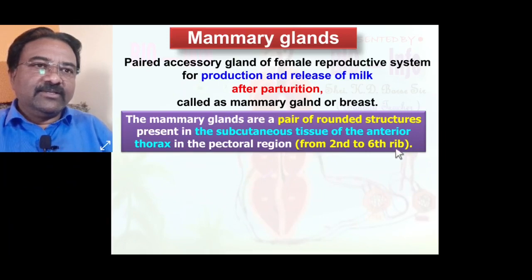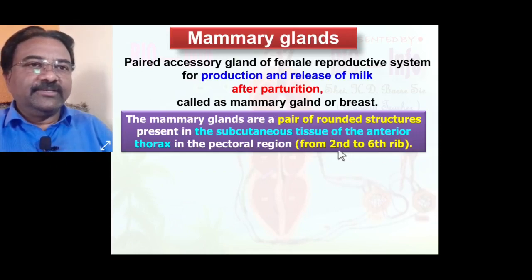So this is the location of the mammary gland. Note this point, and the ribs are also most important to remember, because most of the time the location of the mammary gland on the basis of rib numbers is asked as a question. So mammary glands are located from second to sixth ribs.